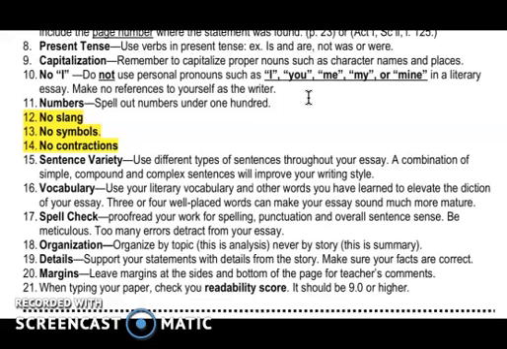You want to speak as an expert with a sense of objectivity, so you don't use I in your essay.